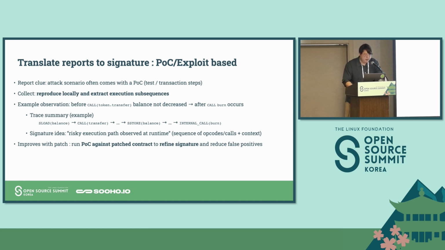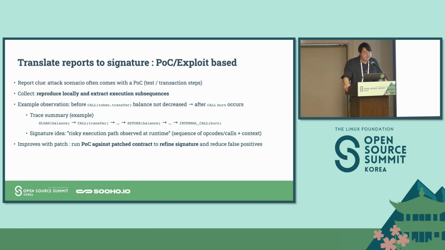For example, in the trace shown here, we can see that the balance is read but not decreased before the external call, the token transfer, and that the withdraw function appears afterward. The summarized path looks like SLOAD, the balance load, and transfer calls, as I mentioned in natural language. We turn that into a signature, something like risky execution paths observed at runtime.